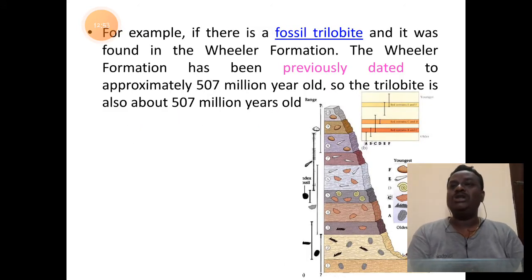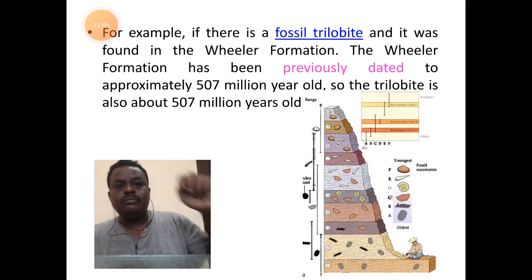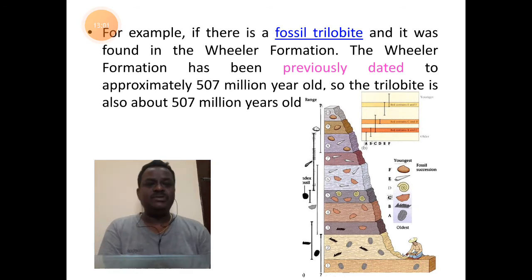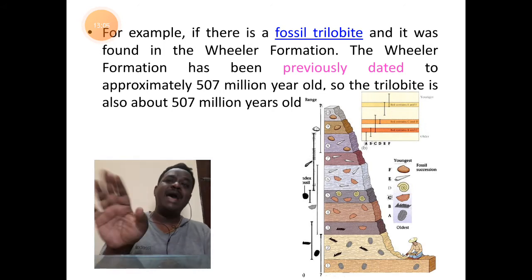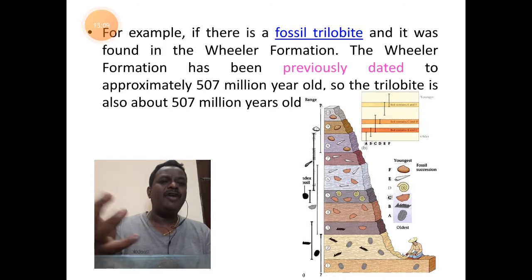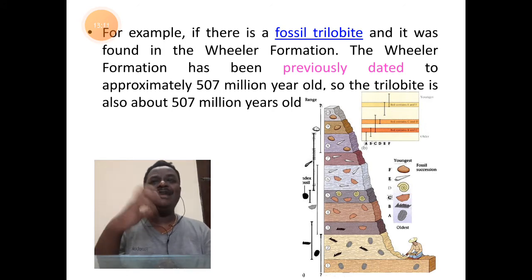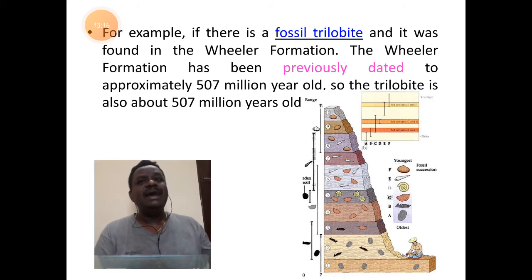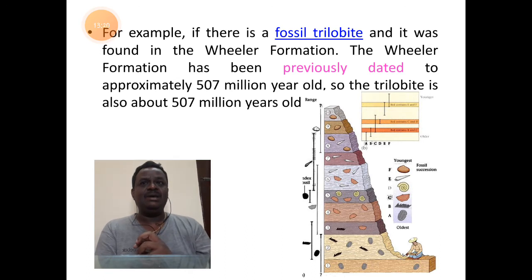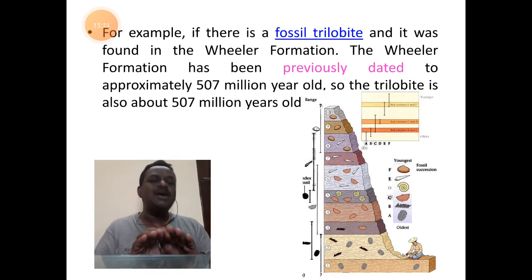Here is an example to cite. If there is a fossil of trilobite, students, remember trilobite is an extinct marine arthropod. So it was a kind of arthropod which lived in marine water, but is extinct. Nowadays you don't find that species. It is excavated in a Cambrian fossil site called Wheeler Shale.